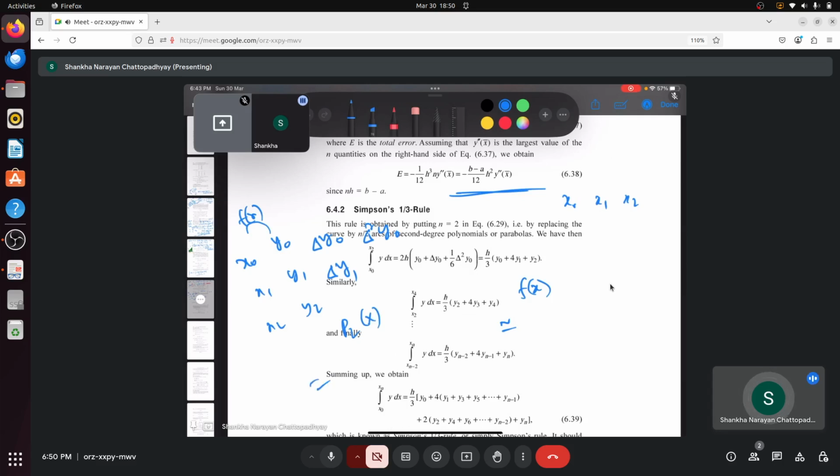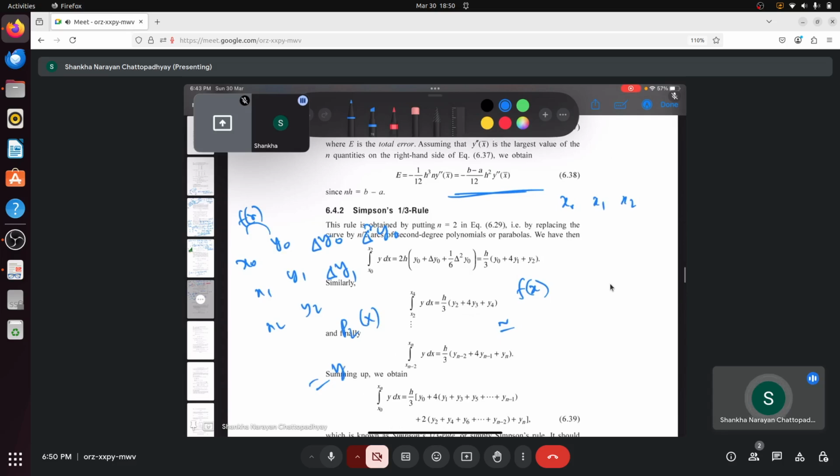Then you consider the second degree Newton interpolation formula, which is p2(x) equals y0 plus x minus x0 by h, where h is nothing but x1 minus x0, into delta y0, plus x minus x0 into x minus x1 by factorial 2 into h square, delta square y0.